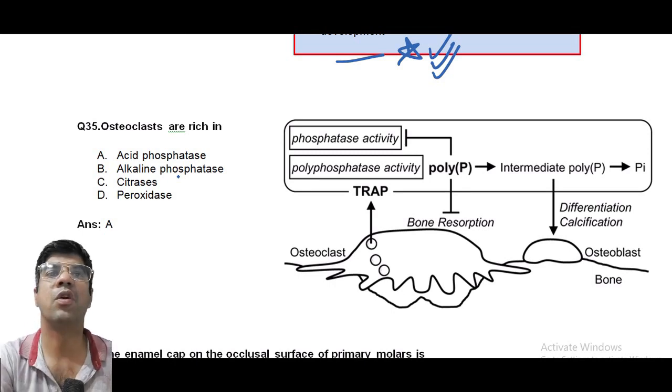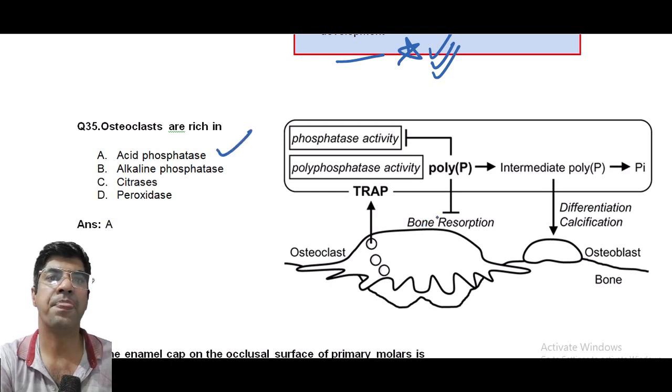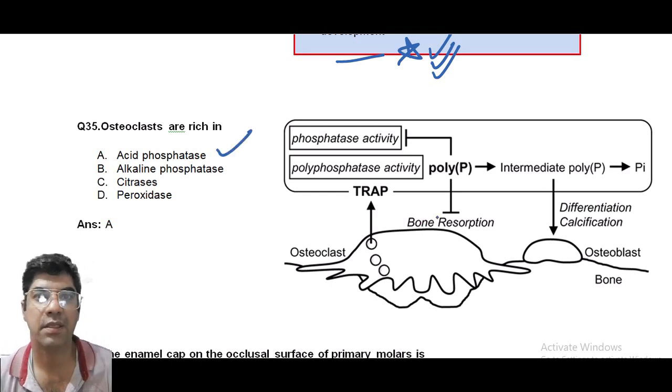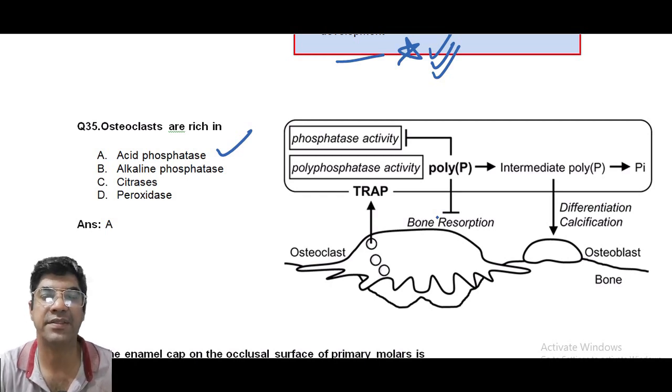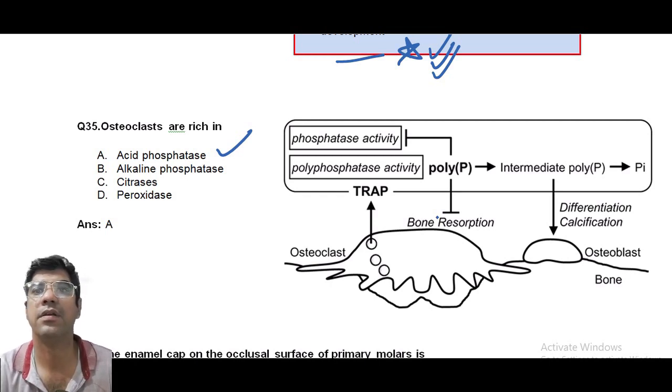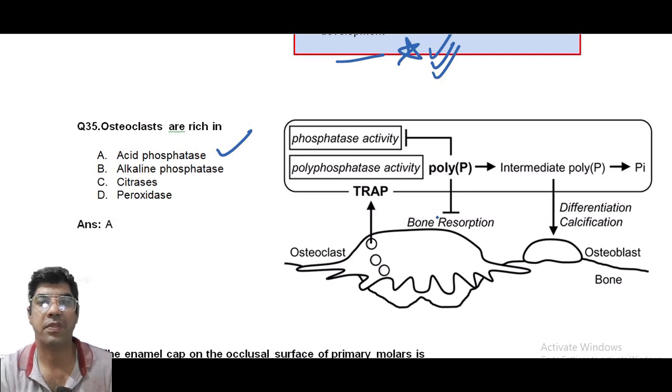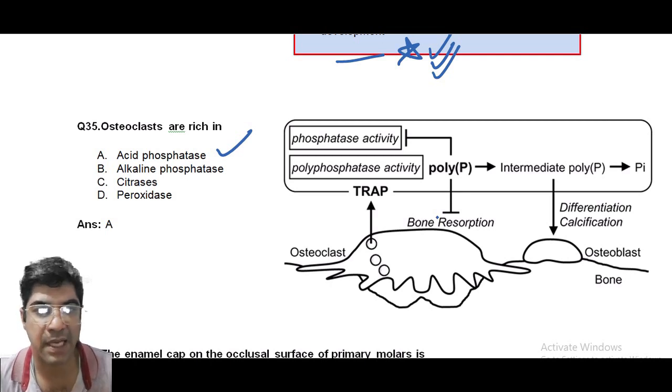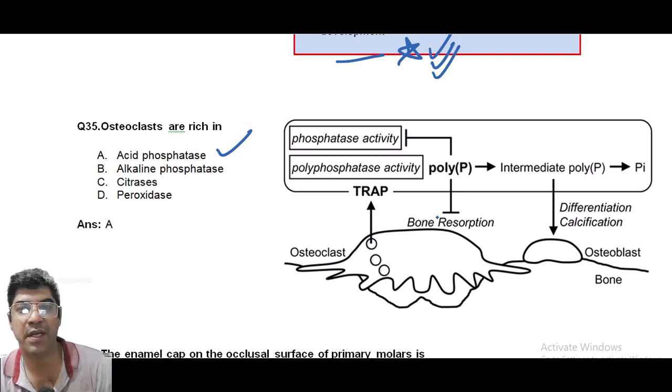Moving to the next question, the osteoclasts are rich in alkaline phosphatase or acid phosphatase. Osteoclasts, as we know, are the specialized cells in the body responsible for resorption of bone tissue.